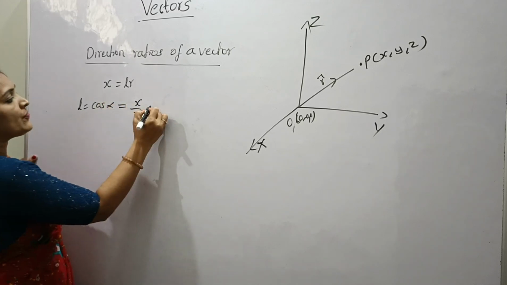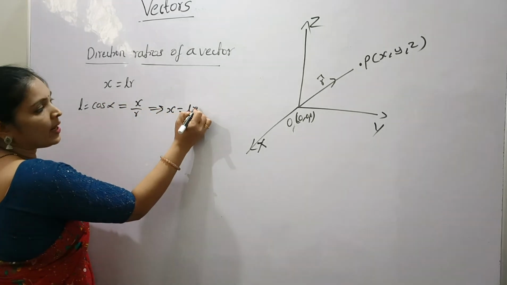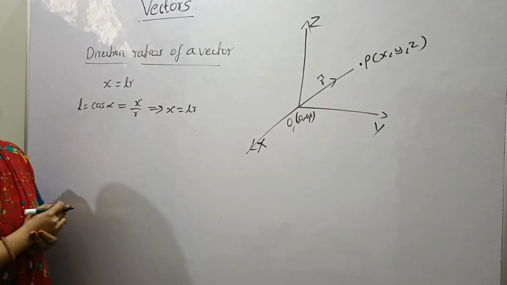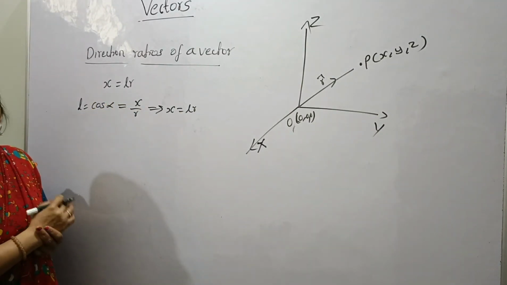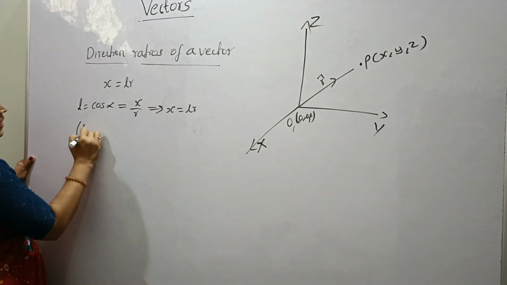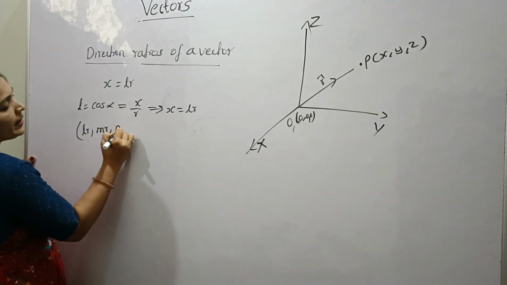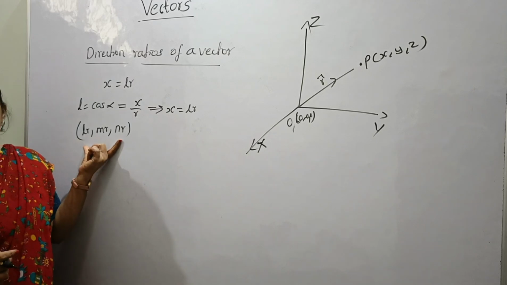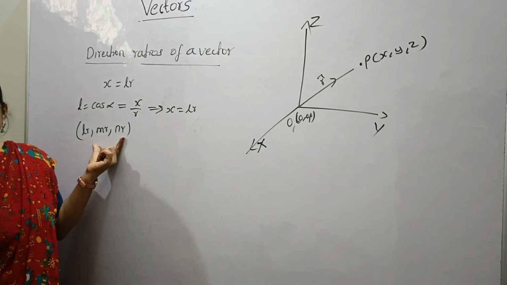So x is equal to lr, similarly y is equal to mr and z is equal to nr. Therefore the coordinates of P are lr, mr, nr. These are called direction ratios.